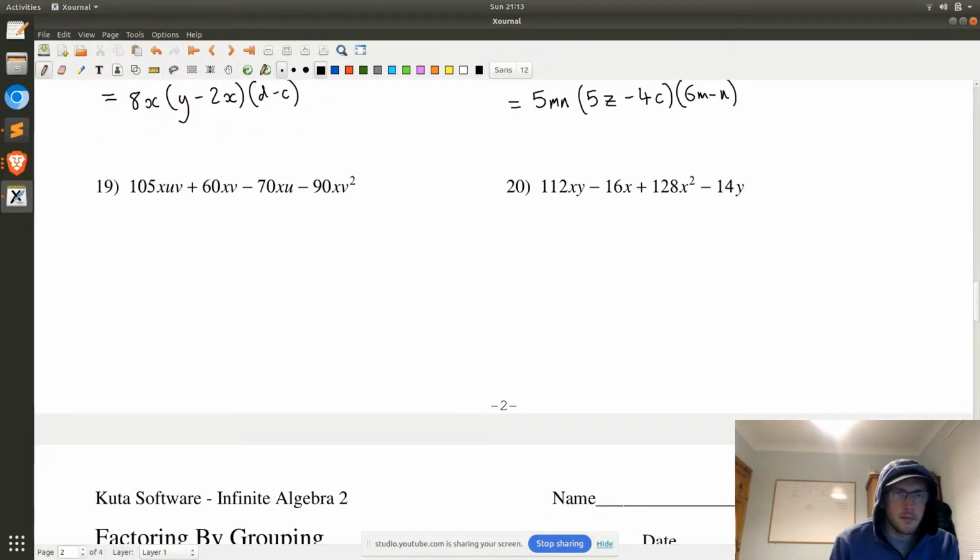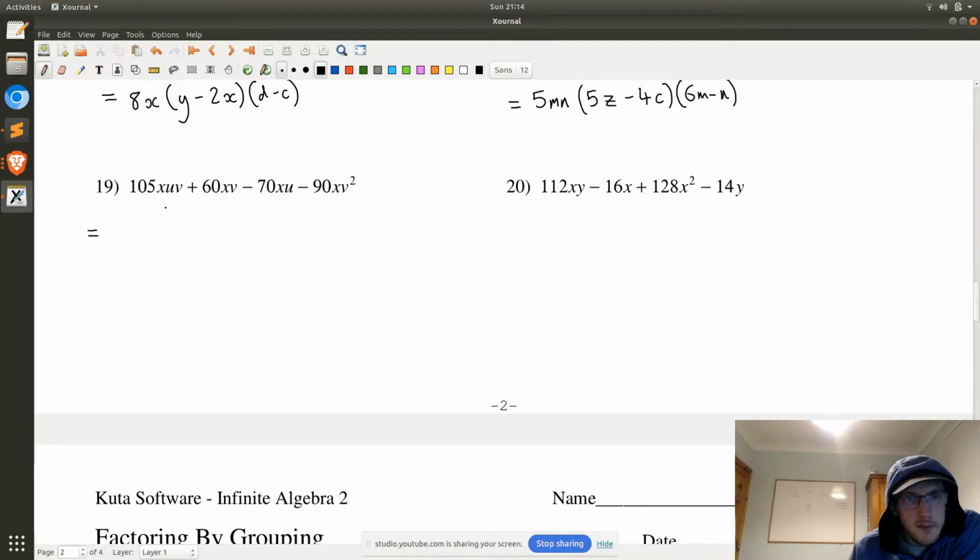And this one. Goodness me, I do not know for this one. Just try things. Okay, 15. 15v.